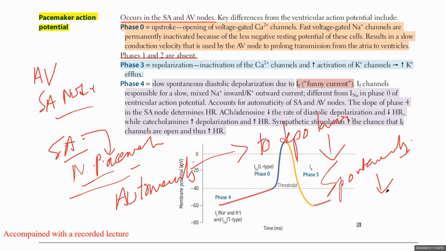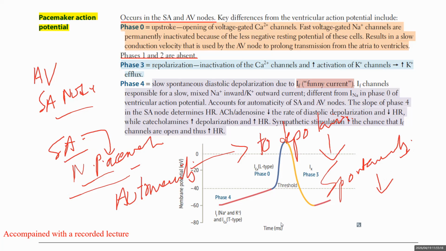This is the most important starting idea. The working myocardial cells, like the ventricular myocyte we discussed in the previous lecture, need stimulation to depolarize, but the pacemaker cells do not require that. They depolarize on their own until they reach the threshold, and this is why they are called pacemaker cells.